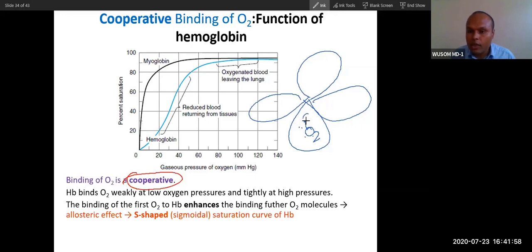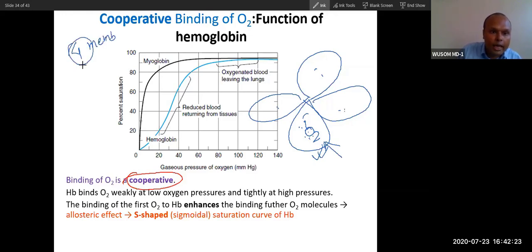Once it makes friendship with this family member, this family member will help this oxygen make friendship with the other family members also. So first is difficult. This is called a cooperative phenomenon. For example, you have 4 members in your family, and any of you makes friendship with either a girl or a boy.